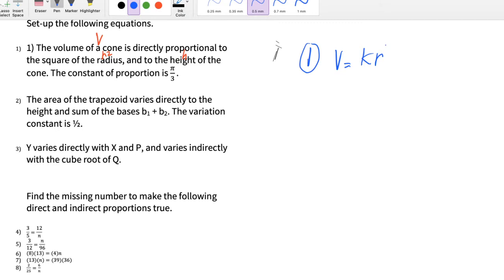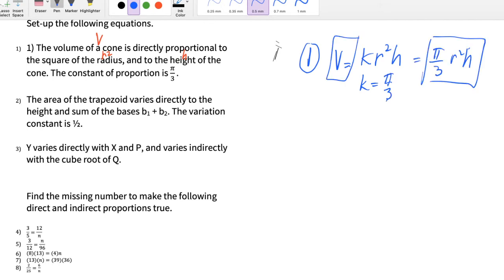Since our k here, ito yung constant of proportion, is pi over 3, our final answer here would be pi over 3 r squared h. Okay? Kasama to. V is equal to pi over 3 r squared h. So, ito lang ang formula natin for getting the volume of a cone.